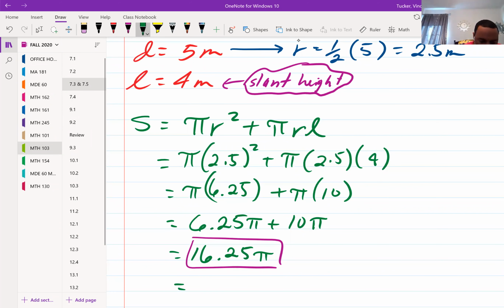And then multiplying them together for the approximation. And we are in meters, so it'd be meters squared.